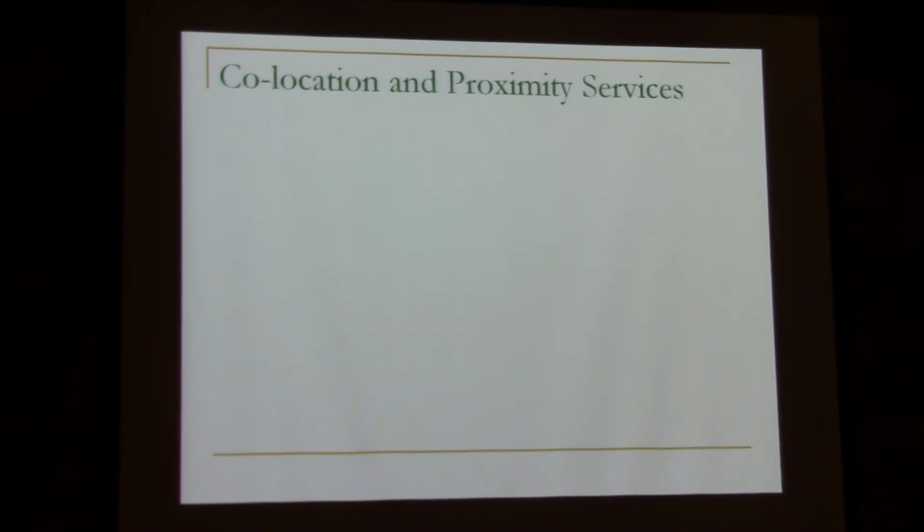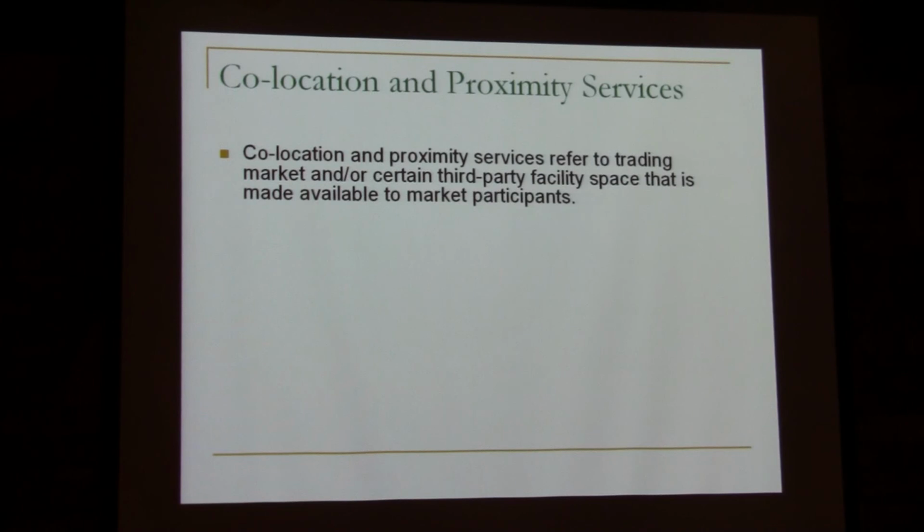Co-location and proximity services. This is something that, now there is more algo trading, right? Like I said earlier, they all want to react quicker. They all want to get the market data quicker. They want to know the real-time price. So what they do is they want to locate their computers as close to the exchange as possible.